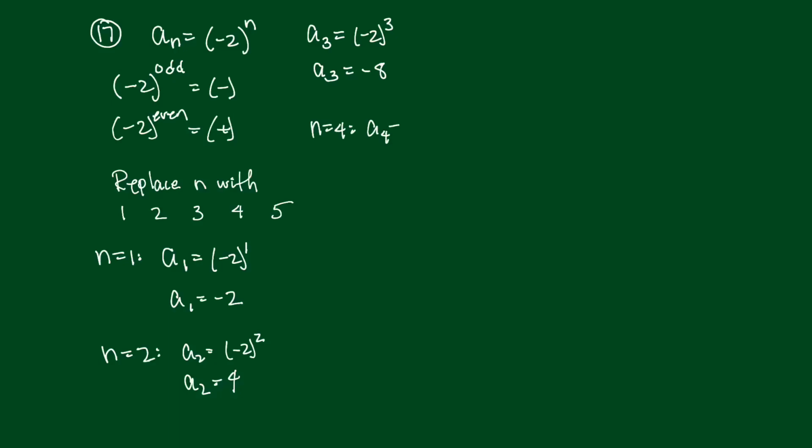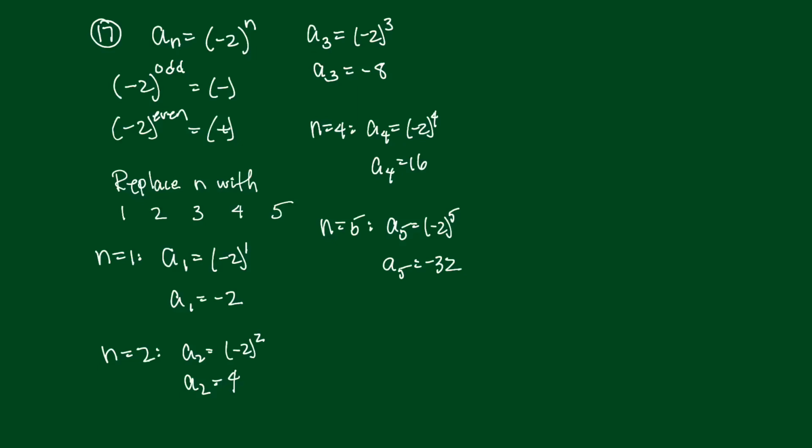We'll have a sub 4 is equal to -2 to the 4th, which is +16. So now I'm at negative, positive, negative, positive, and should be negative here, right? N equals 5. We will get a sub 5 is -2 to the 5th, which is -32. So a sub 5 is -32.